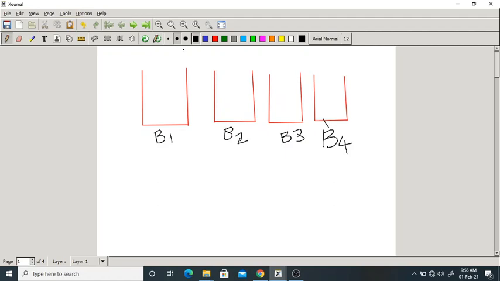Now, this box 1, total number of components are 2000. Out of which 5% are defective. Which means, what is 5% of 2000? 100. So 100 are defective, which means the remaining 1900 are good.